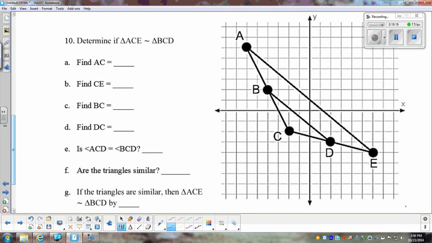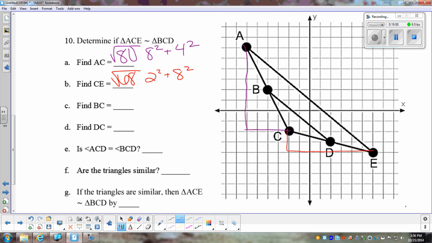Number 10, find the length of AC. So I set up my right triangle. I went down 8. This one's the square root of 80. CE, I go down 2 over 1, 2, 3, 4, 5, 6, 7, 8, which is the square root of 68.